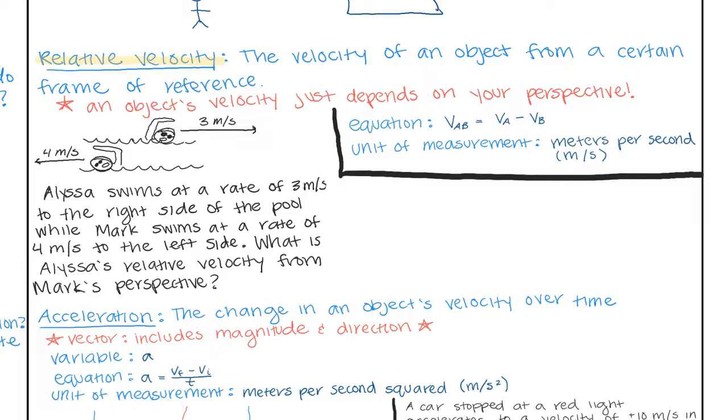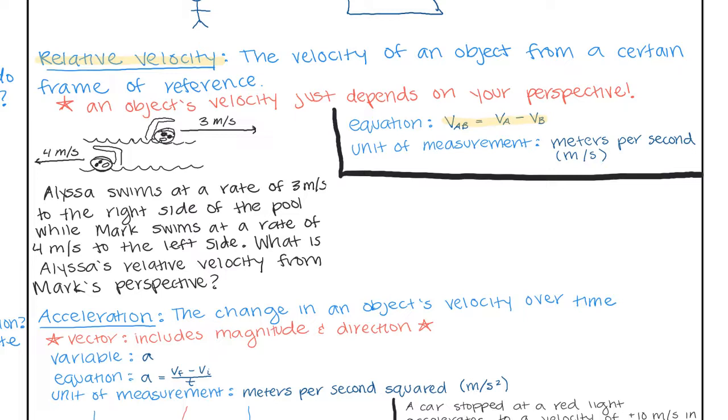So the equation that we will be using for talking about our frame of reference and relative velocity is VAB equals VA minus VB. And we will be using the same units of measurement for relative velocity that we use for velocity, and that is meters per second. So the distance traveled, your displacement over a certain amount of time, over certain seconds.